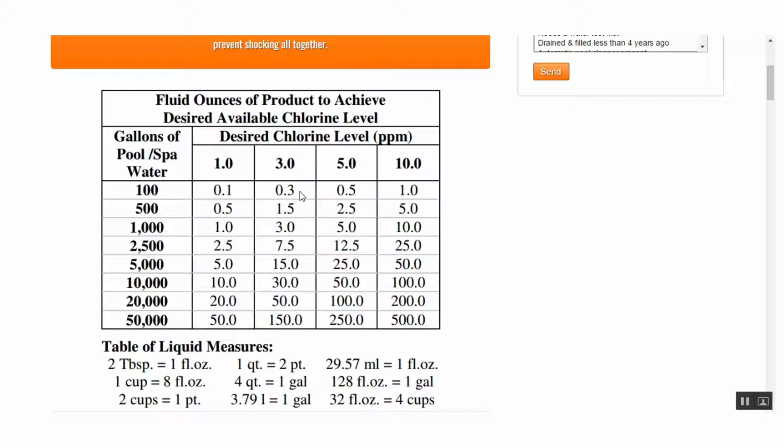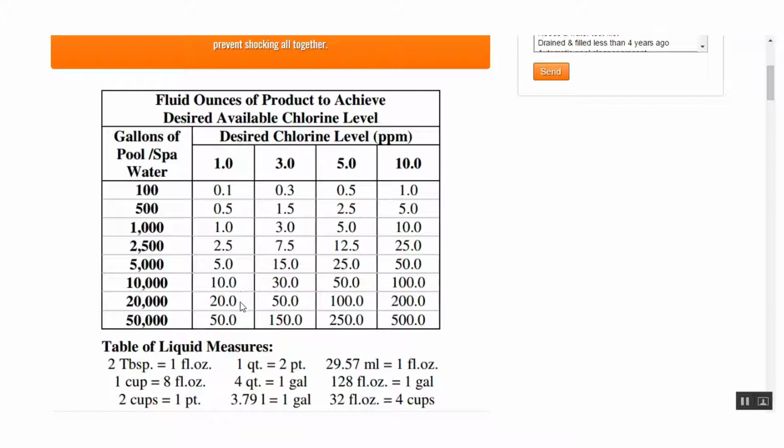Does that make sense? That means that if you had a 20,000 gallon pool and you needed to raise the parts per million of chlorine in your pool by 2 parts, assuming that your cyanuric acid is at 40 to 50, then to raise it by 2 parts, you would put in 40 ounces for a 20,000 gallon pool. 20 gives you 1 part per million, another 20 would give you 2.